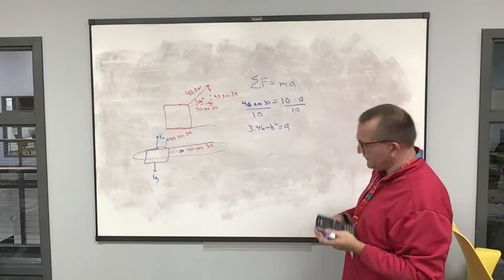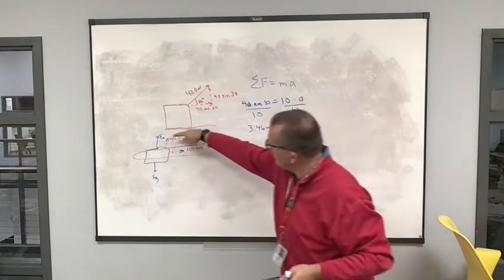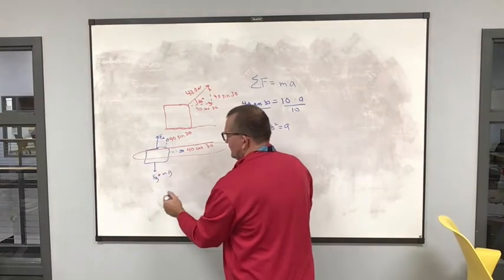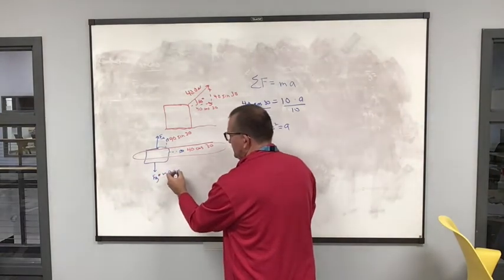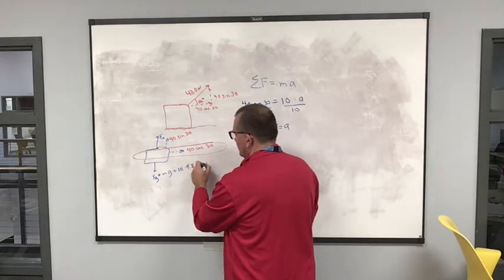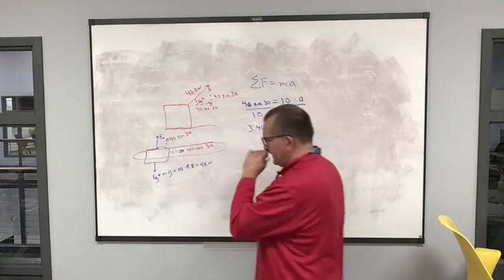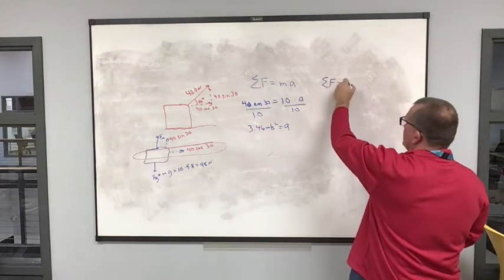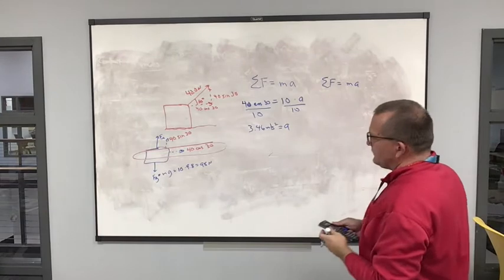Now, to find my normal force here, the first thing I can do is solve for the force of gravity, mass times g. My mass is 10, g is 9.8. So I know the force of gravity is 98 newtons. But it's the same equation, right? Sum of my forces, net force is equal to ma. So I got two forces going up.